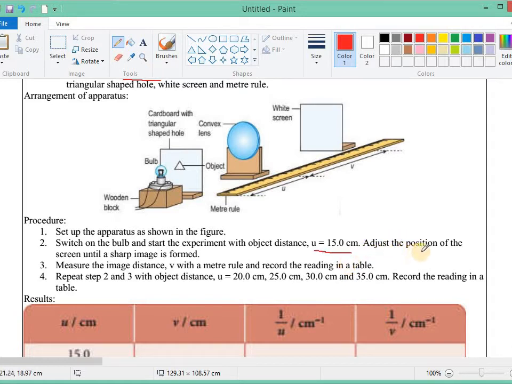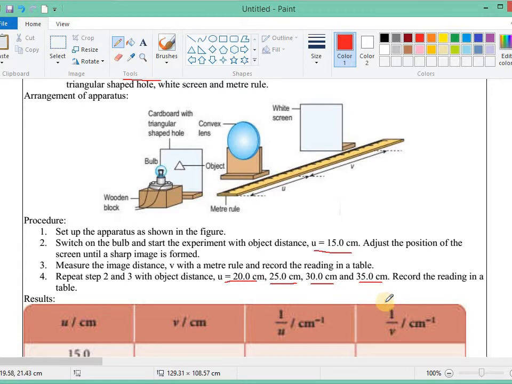Then adjust the position of the screen until a sharp image is formed. Measure the image distance with the meter rule and record the reading in a table. Repeat steps 2 and 3 with object distance 20 cm, 25 cm, 30 cm, 35 cm.